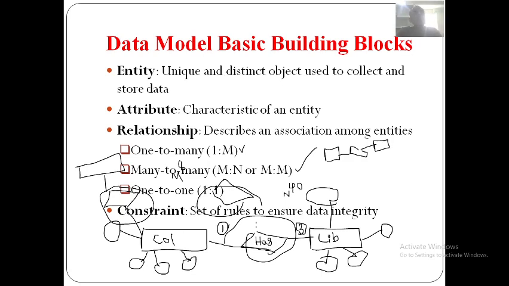Similarly, for entities and attributes, we have a set of rules. What are those rules? The name column should have only alphabets, no special characters and no digits.